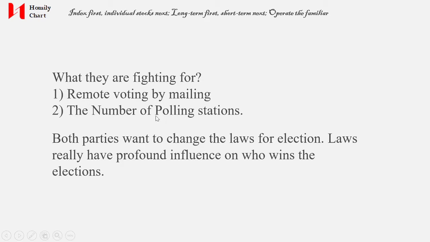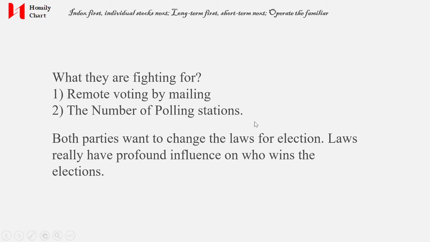The Democrats want to set more polling stations based on the population, right? But the Republicans don't agree. They don't want so many polling stations, because the more polling stations there are, the easier it is to vote. But the Republicans want to make it more difficult for people to vote.